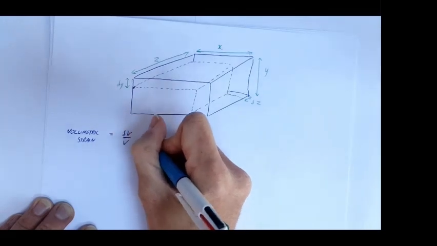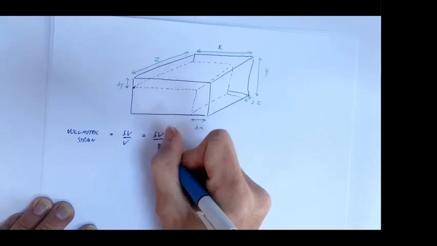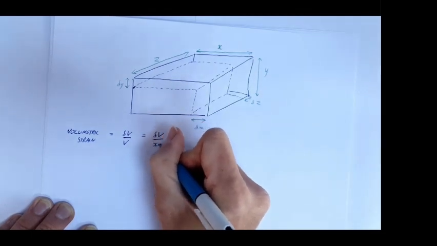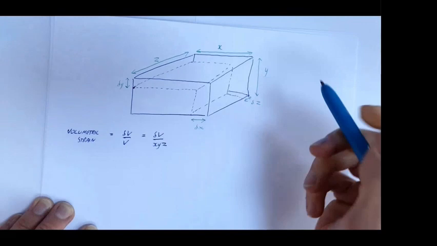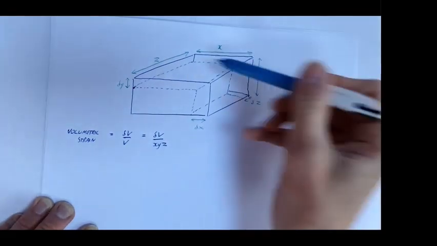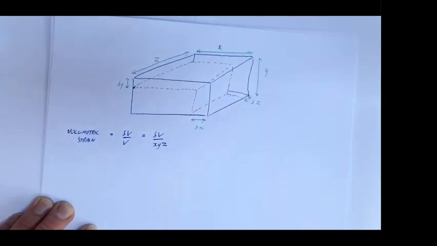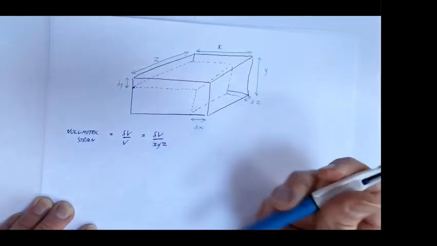The original volume was clearly X, Y, Z. Okay, this distance times by this distance times by this distance.